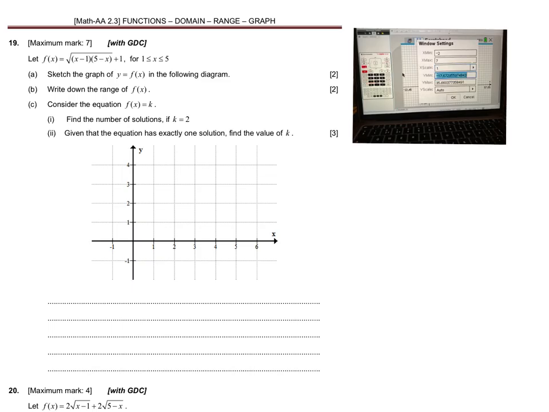The y-min is from negative 2, and it's going up until 5, and it's also going by ones. So that's your graph.